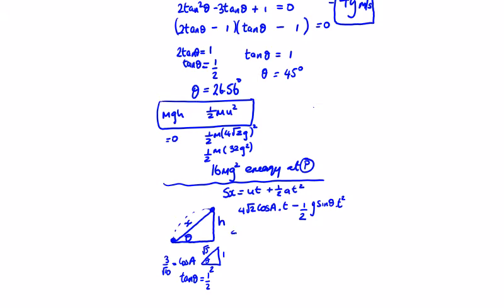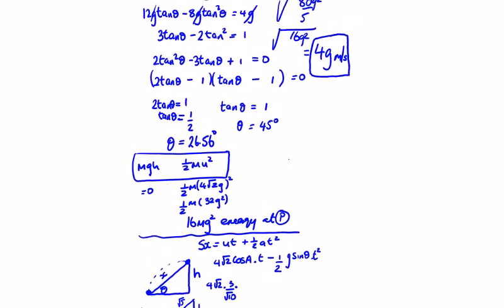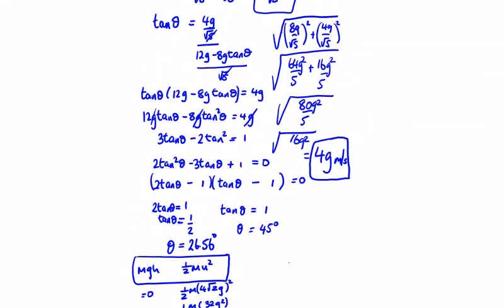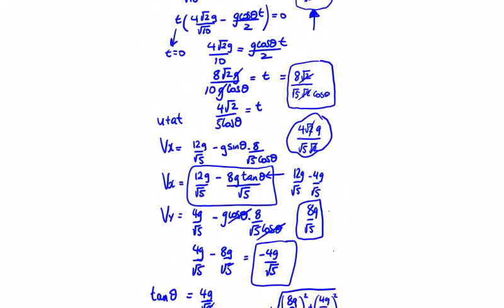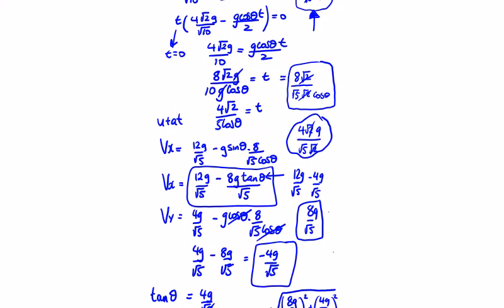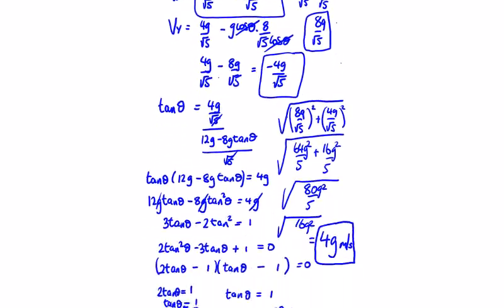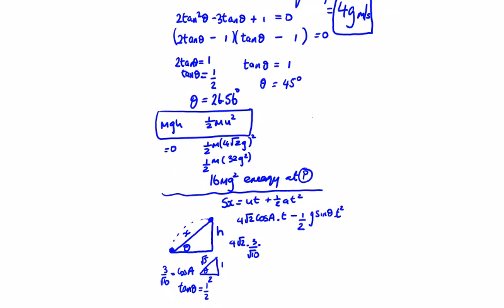So filling these values in, 4 root 2 by the cos of A, which is 3 over root 10, times t. Just remind ourselves what t was. We simplified it down to 8 over root 5 cos theta, and the cos of theta is 2 over root 5.